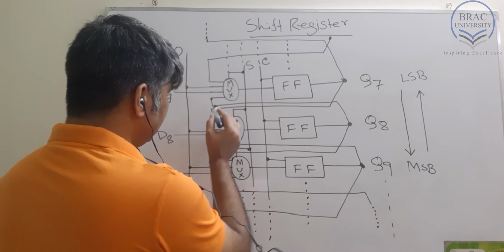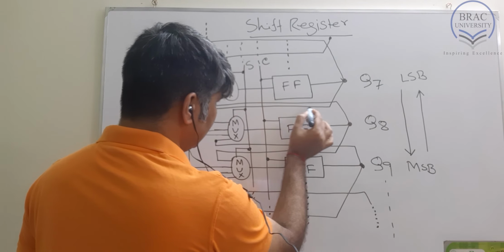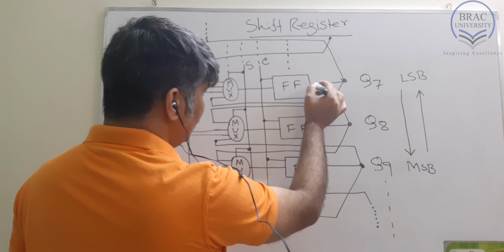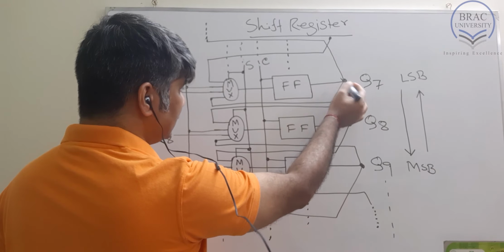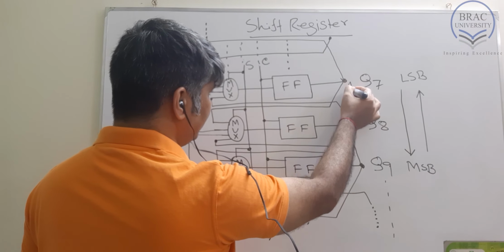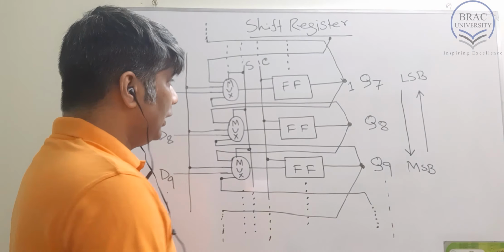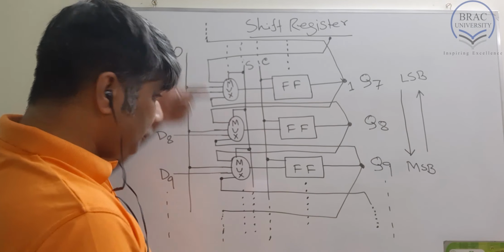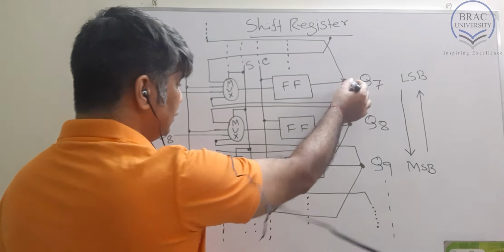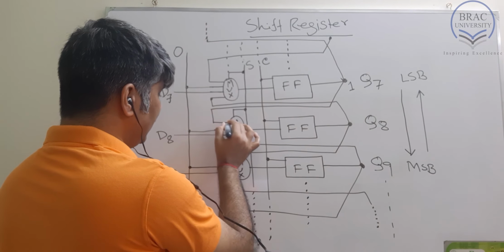If you follow this link, then whatever value is coming, let's say the value 1 is coming from this link. For a left shift operation, this one should come here.